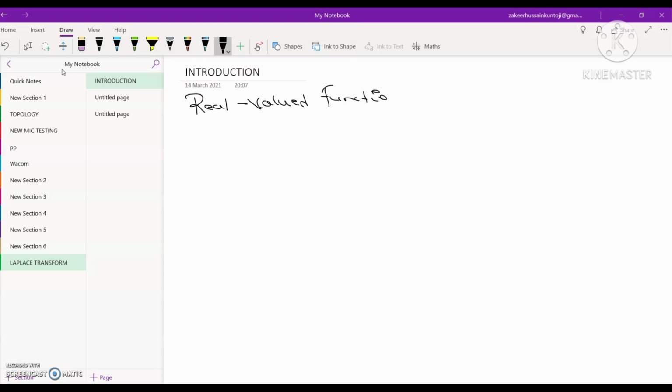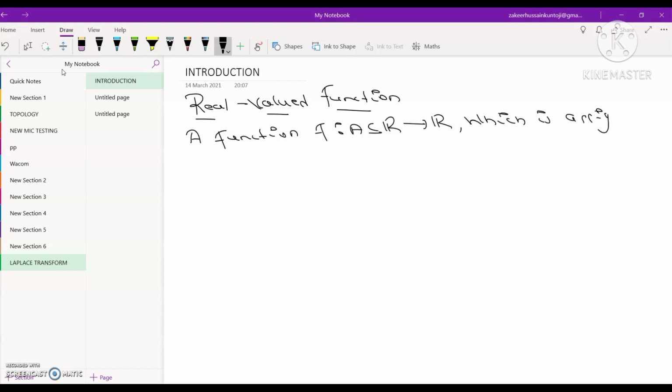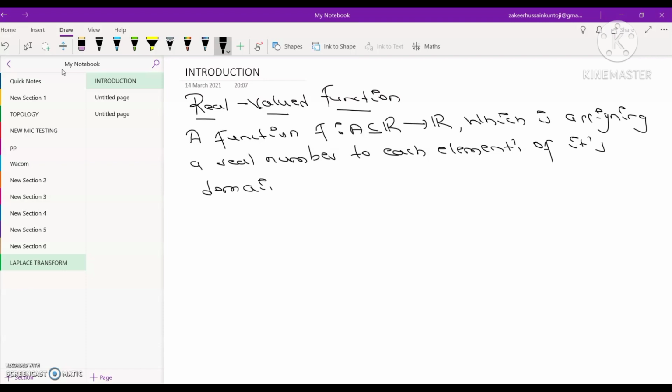A function f from a set to R is a function which is assigning a real number to each element of its domain. What is that domain?